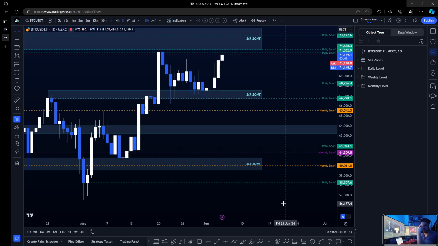Now, we have just established that we are on a resistance zone, okay? Things to keep in mind, and this is now talking about liquidity. For example, we had previously these highs over here. We took them, and we had this one over here.